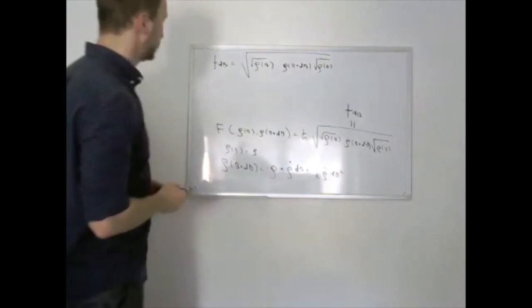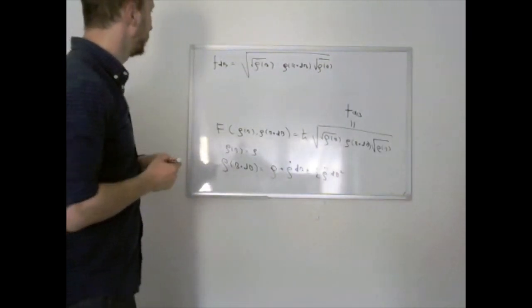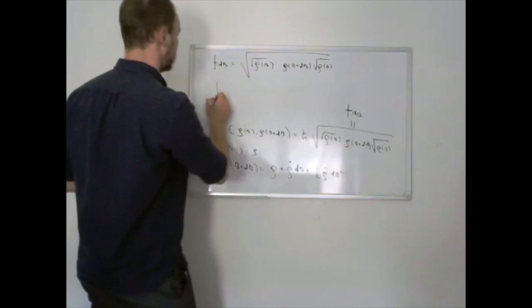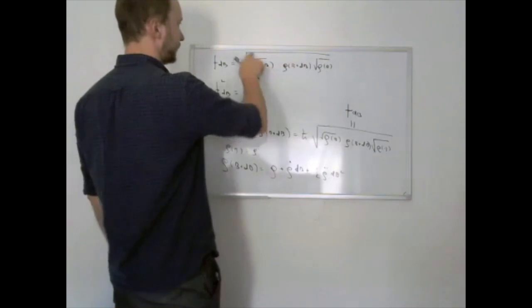What is nice, because this is really quite a horrible expression with so many square roots, is that f of dB squared is kind of nice, because the square just removes the big square root.